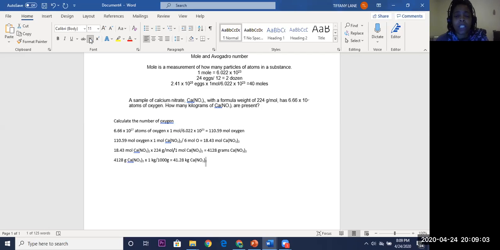So in order for us to do that, we needed to calculate the number of moles of oxygen, which is given as 6.66 times 10 to the 23rd atoms. Most times when you're thinking about Avogadro's number, it's associated with calcium, so the only thing we were really missing was oxygen.